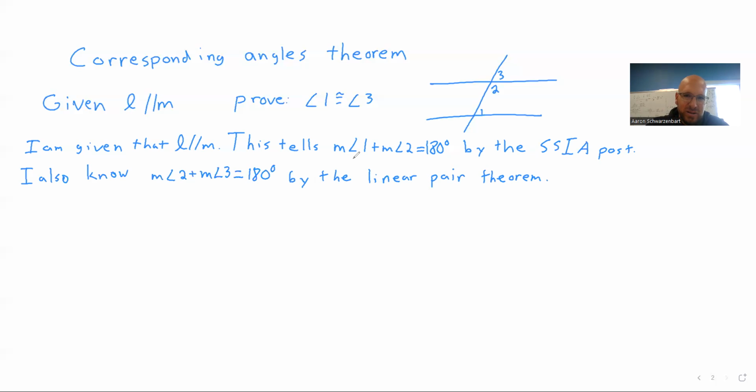So that means since both of these are equal to 180, the measure of angle 1 plus the measure of angle 2 is going to equal the measure of angle 2 plus the measure of angle 3, by the transitive property.